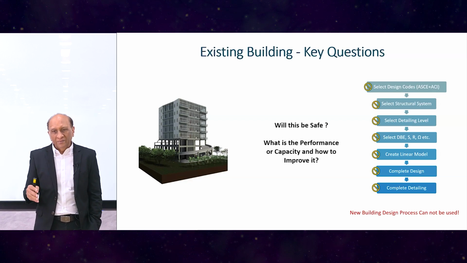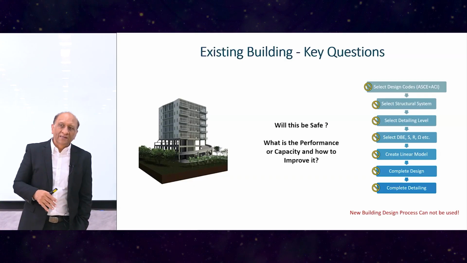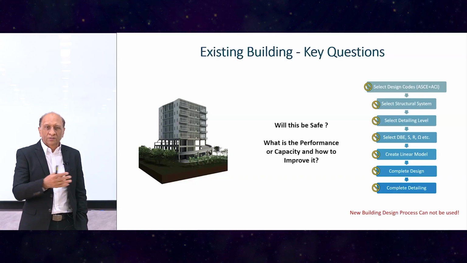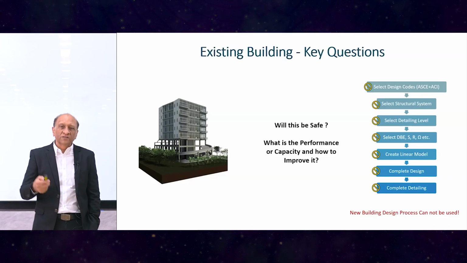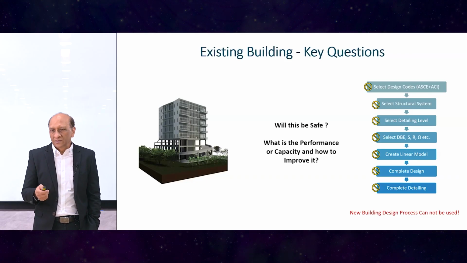So the new building design procedure cannot be applied to existing buildings to evaluate and say this is okay or not. We cannot use the demand-capacity ratio concept just to say this building is no longer good based on the current code, because most buildings may not qualify, because the codes have changed and also because the factors were not selected appropriately.